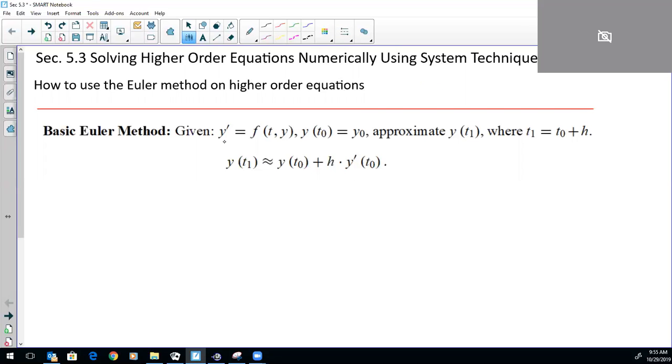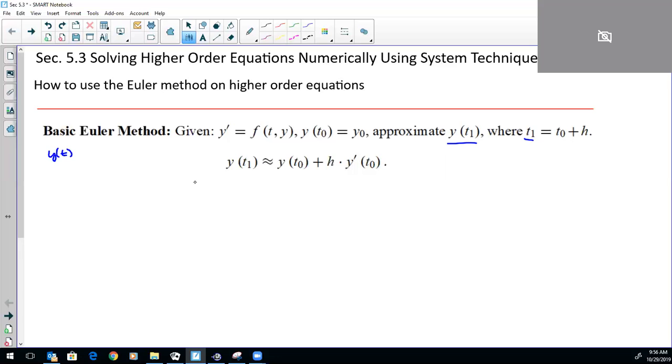Okay, so given a first order differential equation, y' is equal to some arrangement of t's and y's. Now, of course, we're assuming y is a function of t here, and we're given an initial value at time 0, y is equal to y0. What we want to do is to approximate the value of y at a spot that's pretty close to where we started.